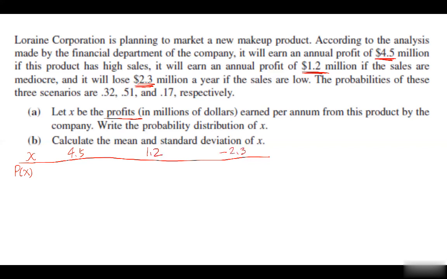Okay, pay attention to the 2.3. It says here it will lose 2.3 million. So when you lose, your profit will be minus this number.